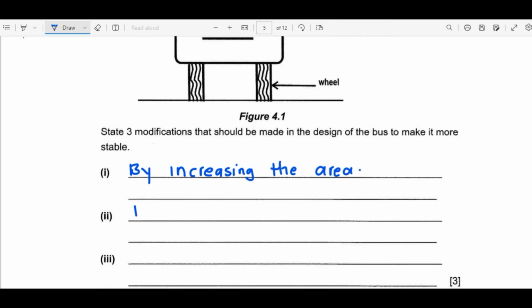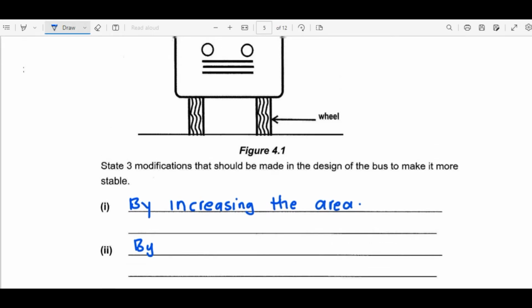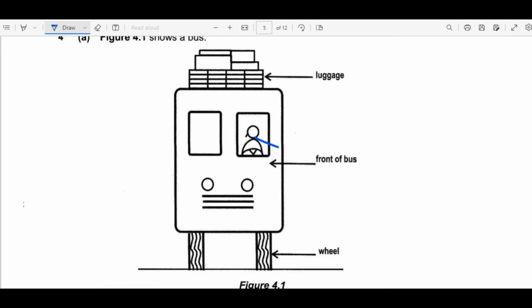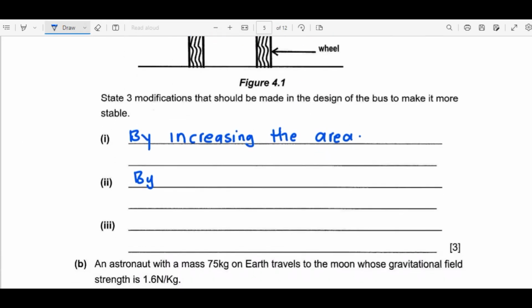Then the second one. If you look at the position of the luggage, if we are to move this luggage, let's say here we have something like a hold here. If this is where the luggage can be placed, then this bus can be more stable.